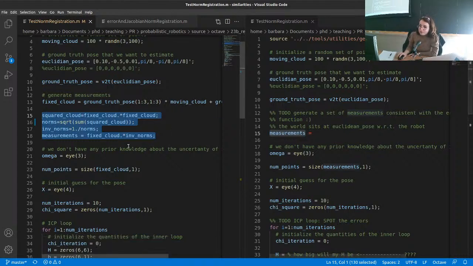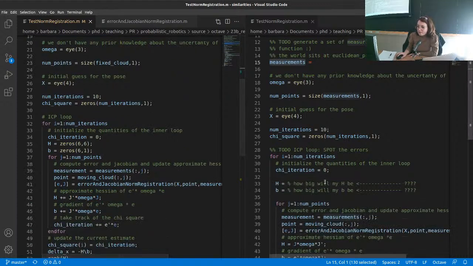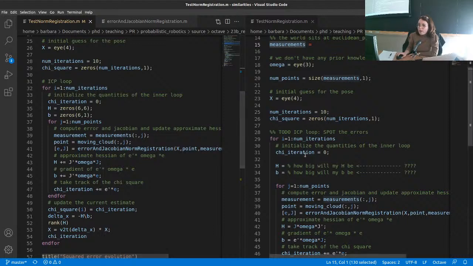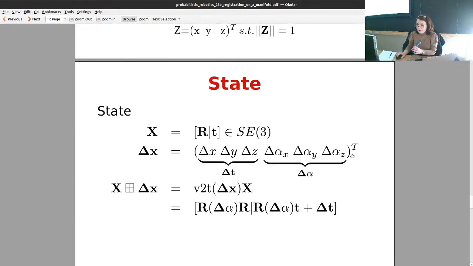So, after this part is completed, then you can move to the ICP loop, where you were asked to fill the dimensions of H and of b. And of course, as we have seen in the slides, in this case the state belongs to SE(3), so that its local perturbation is a 6-dimensional vector.